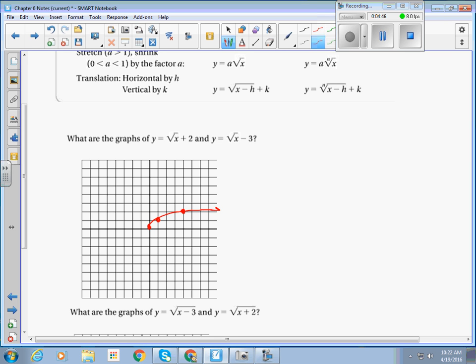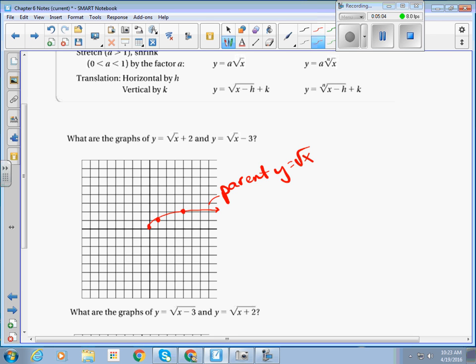So I get a nice little rainbow shape. So this is my parent. Go ahead and label that parent. Any square root function is going to be a nice little half rainbow shape.